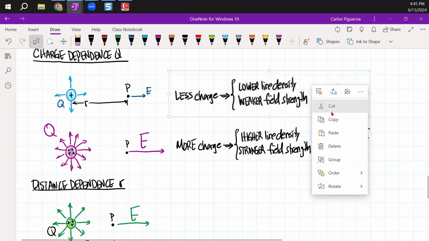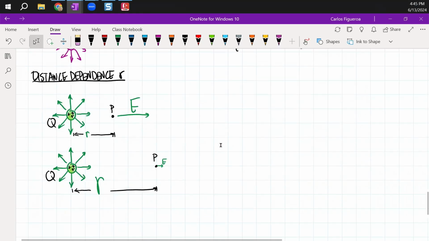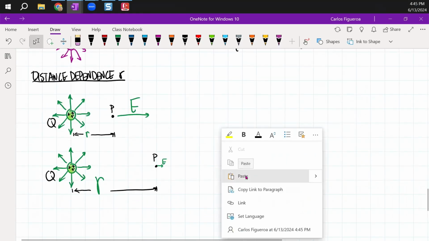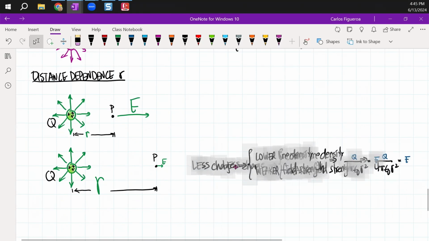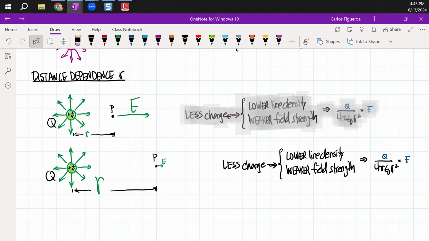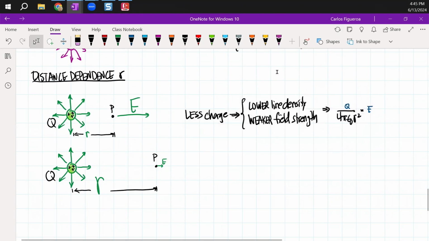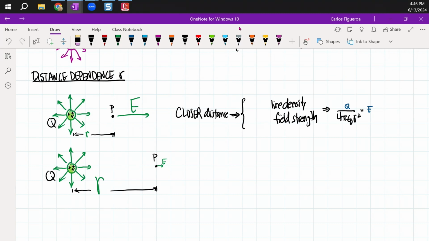And if I look at this, all I have to do here is just modify it right here. So in this case, we're not talking about charge. What we're talking about is that this guy is a closer distance. And if it's a closer distance, it's going to have a higher line density and therefore a stronger field.